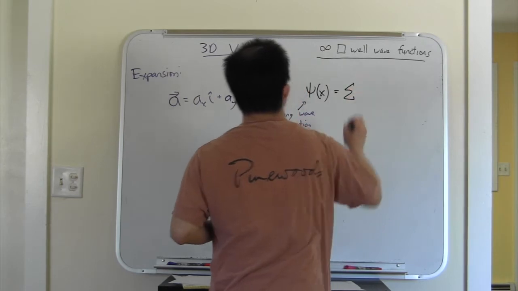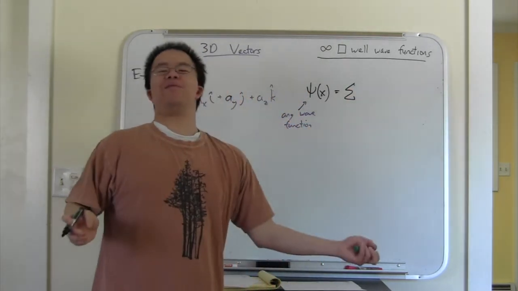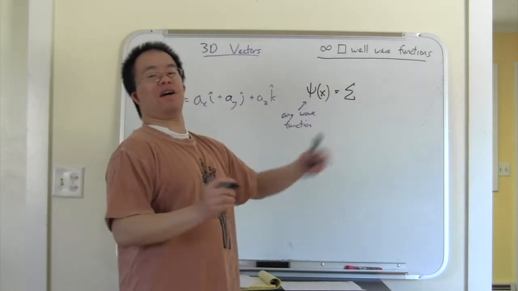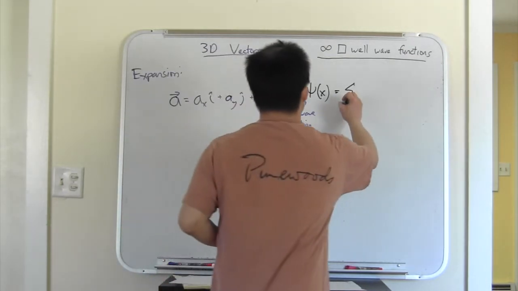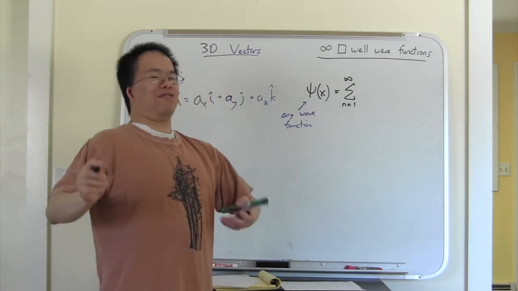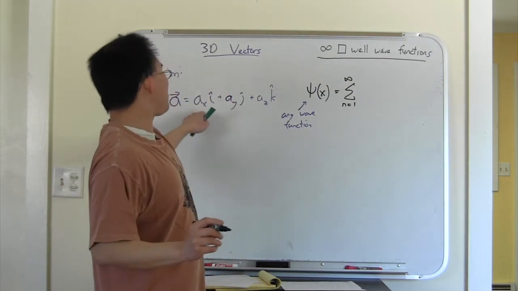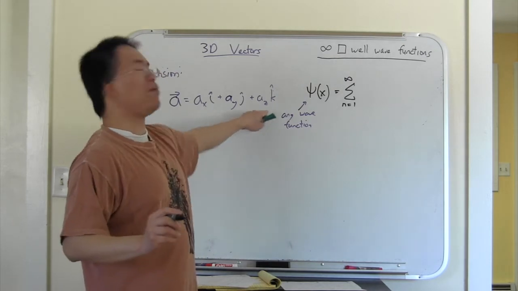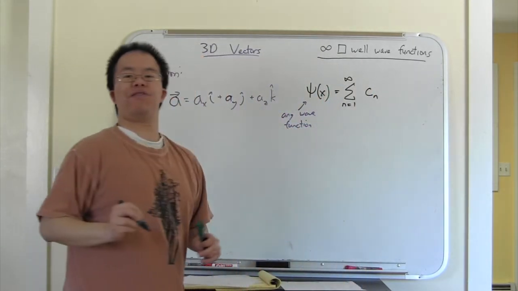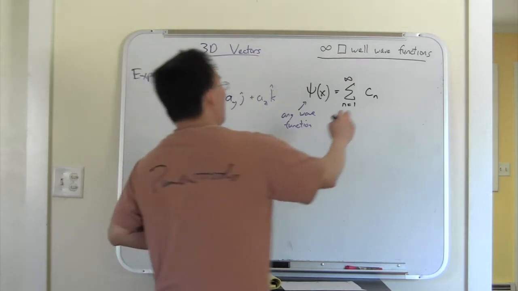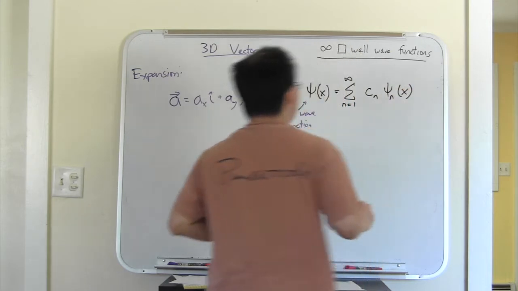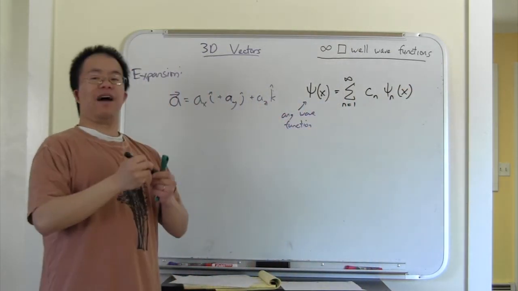And now, because there's an infinite number of stationary states from n equals 1 up to n equals infinity, I have to write this sum from n equals 1 to infinity. There's an expansion coefficient that's sort of analogous to the components a_x, a_y, and a_z. I'm going to follow Townsend's notation and denote those coefficients with c sub n, and then I'll write this as multiplying my stationary state psi sub n of x.